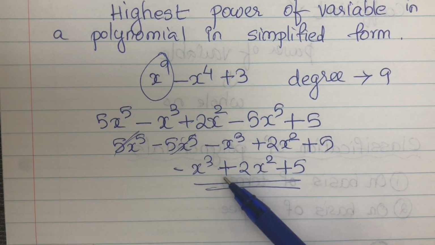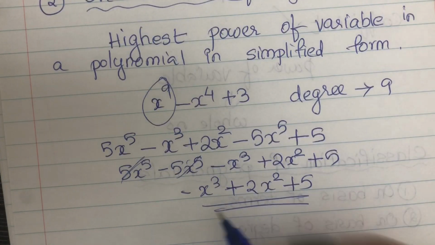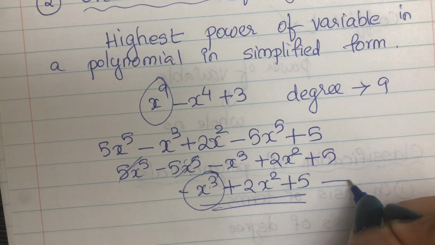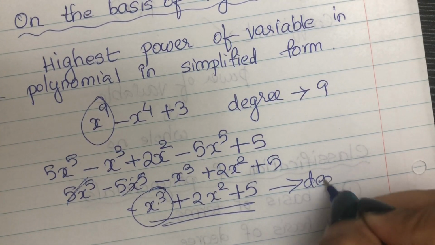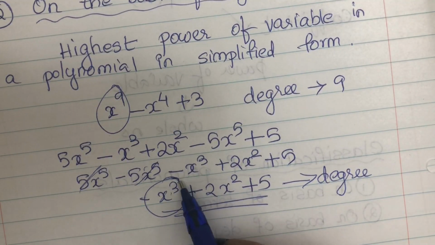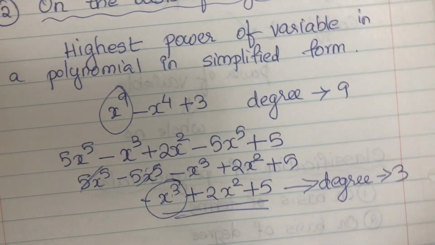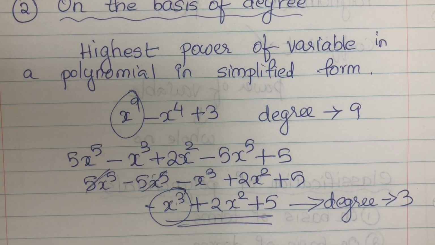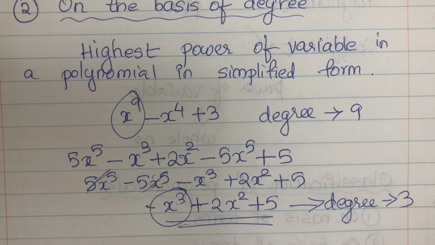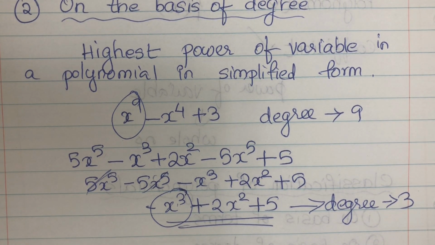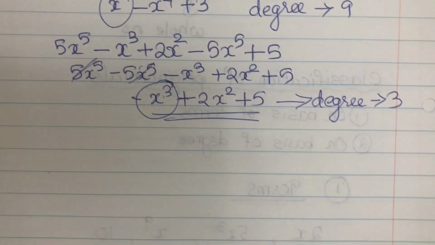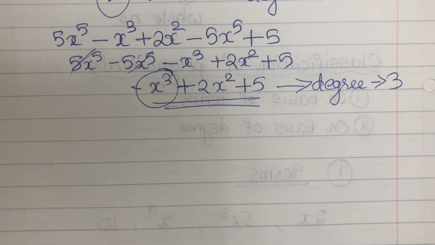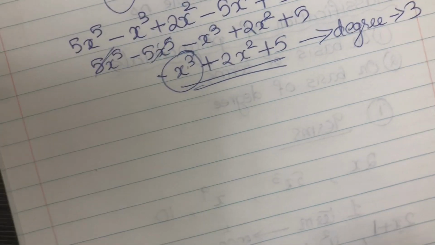So now the highest degree is this term. So the degree is 3. That is the highest power of the variable in a polynomial in simplified form. That is the degree of that polynomial. You understood, right?